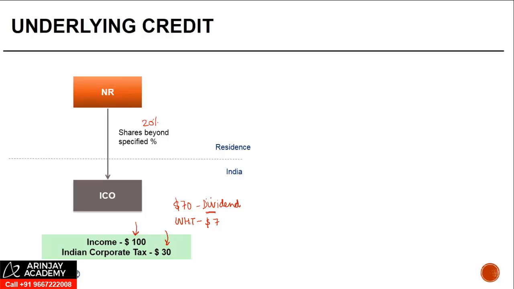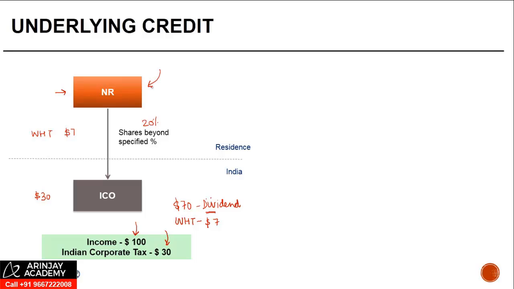I know some of you might be thinking that the methodology for computing this is different in India because the company has to pay a dividend distribution tax, but we just want to clarify this point, so just look at these facts. So what is the total tax which has been paid before the money is actually received by the non-resident? $30 was the income tax which was paid, $7 is the withholding tax which is paid.